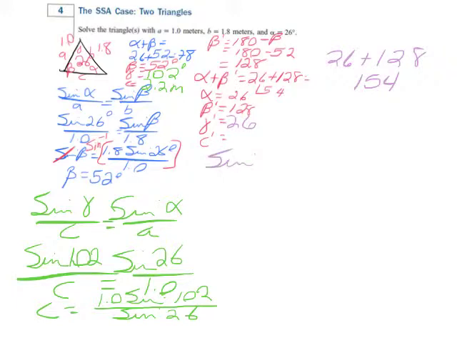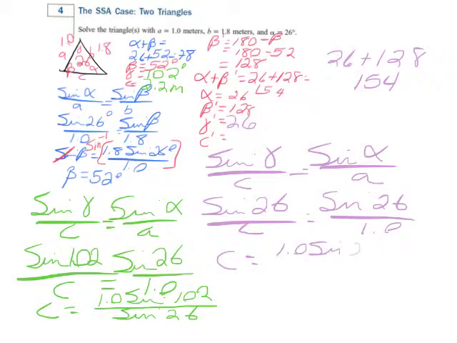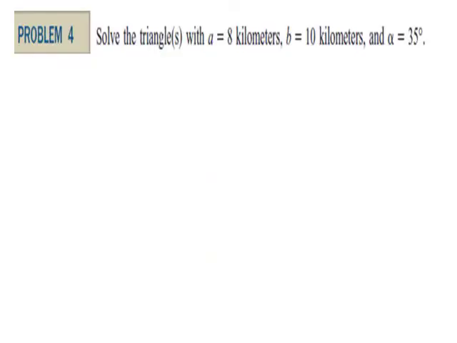Now we want the sine of gamma over C is equal to the sine of alpha over A, so the sine of 26 over C is equal to the sine of 26 over whatever A is, which is 1.0. So C is equal to 1.0 sine of 26 over the sine of 26, and we get our second one to be 1.0 meters. Okay, so it's your turn. Go ahead and pause and I'll put the answer.